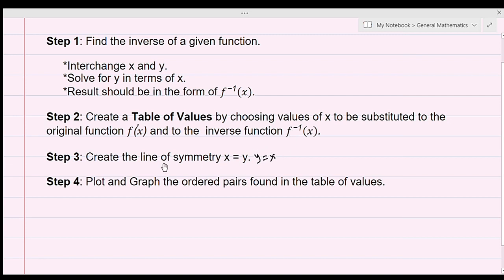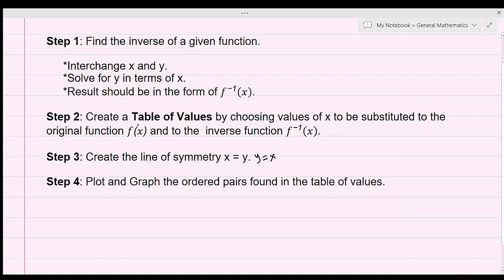We also have to create the line of symmetry, which is x equals y, or y equals x. After we create the line of symmetry and make the table of values, we can plot the values we got from the table of values and graph the ordered pairs found in the table of values.